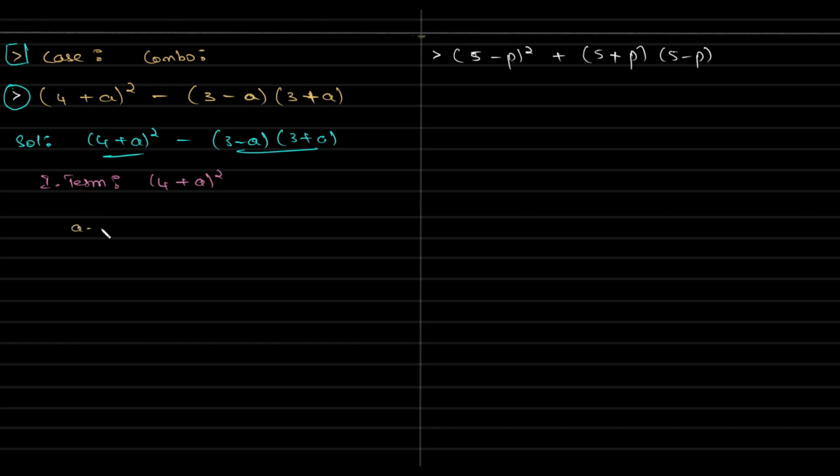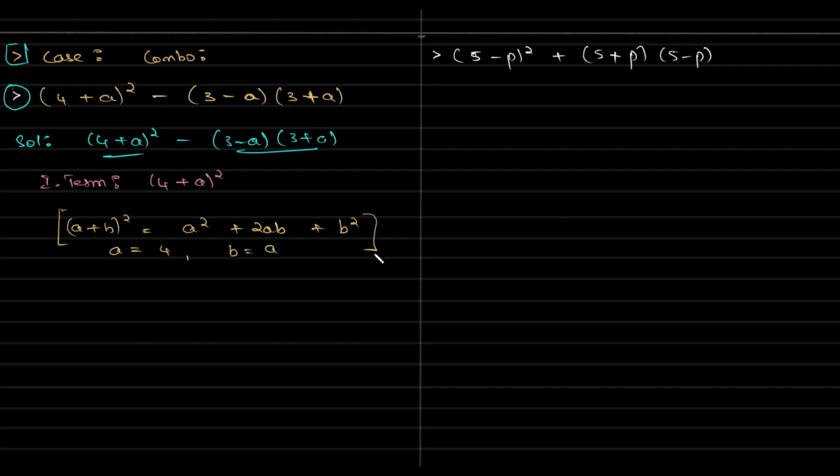So now first term is this. Now the formula is a plus b the whole square, which is equal to, please tell it out, a square, yes, plus, good, 2ab plus, correct, b square. So in this case, what is a? Right, 4, and what is b?